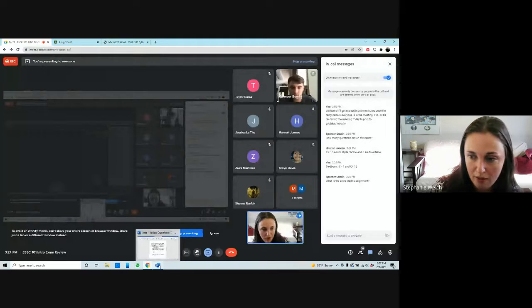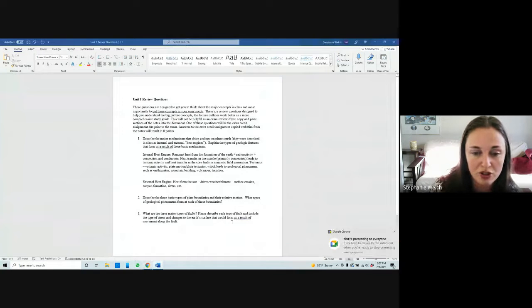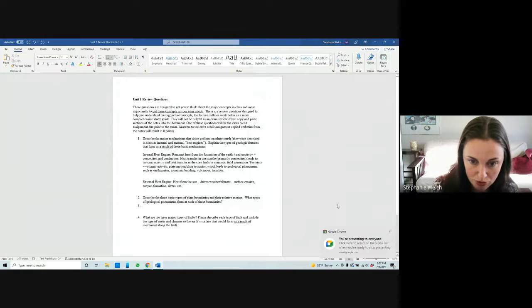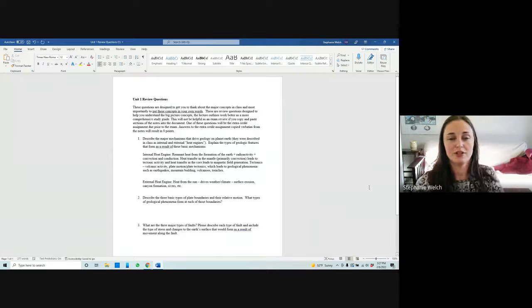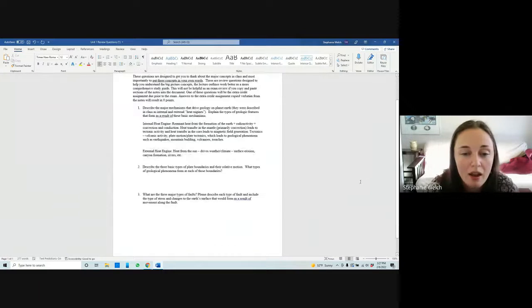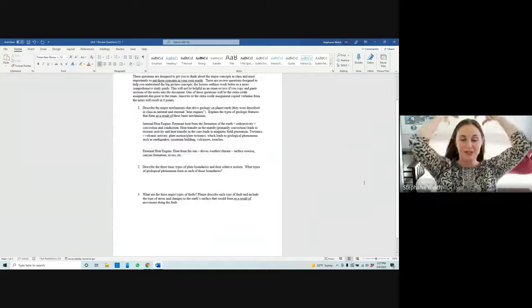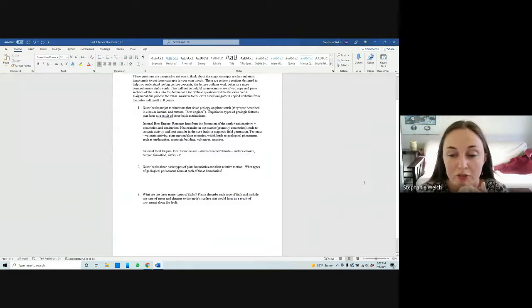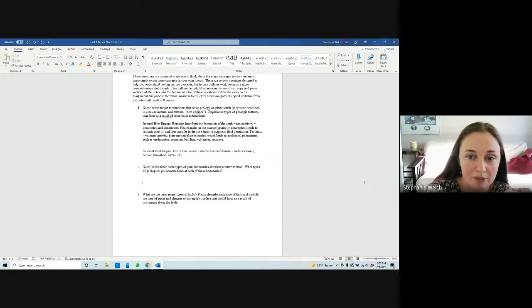Okay, so going back here to the review questions, the second one here is about plate boundaries and types of motion along those plate boundaries. So let's get into that one. Describe the 3 basic types of plate boundaries and their relative motion. What types of geological phenomena, again that word, form at each of these boundaries?